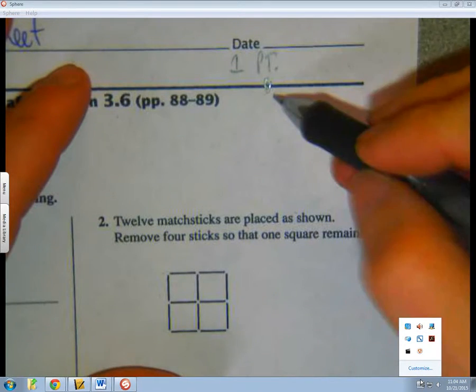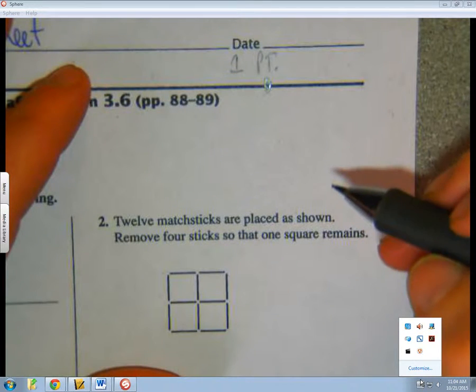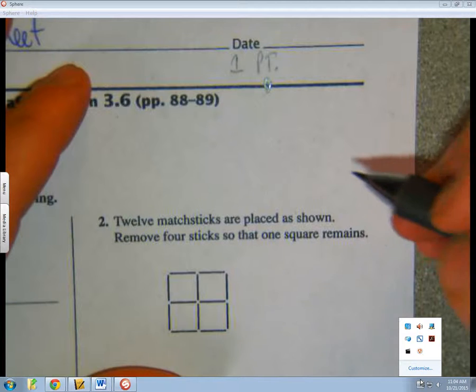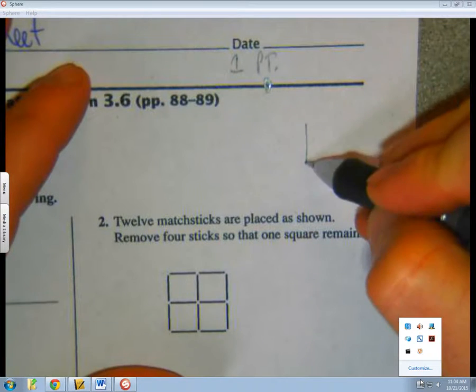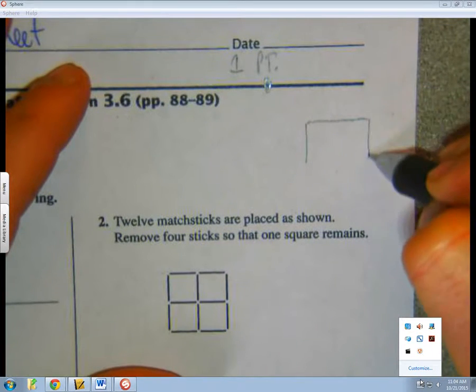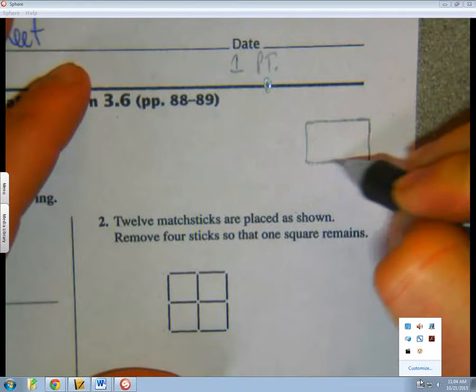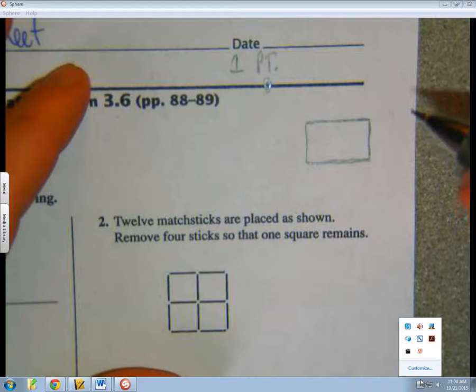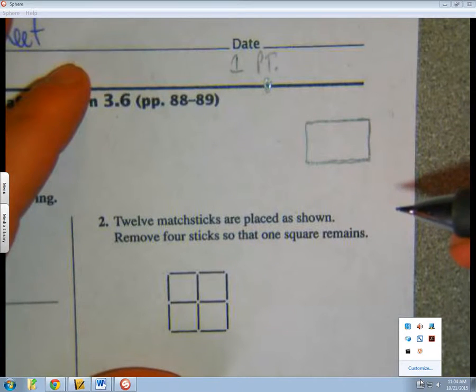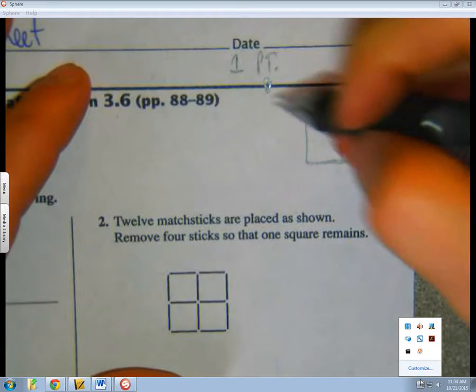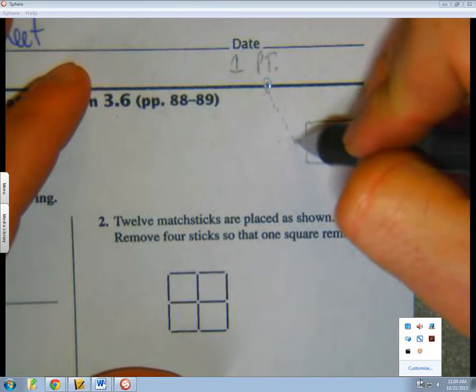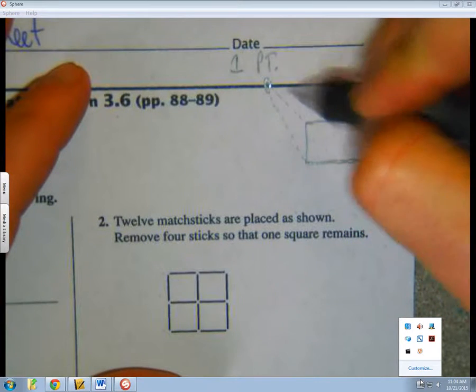So then I'm going to start with, I'll just draw a rectangle. Okay, so when I do that, then I'm just going to draw dotted lines to my vanishing point.